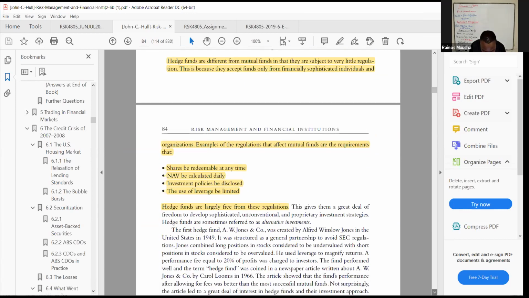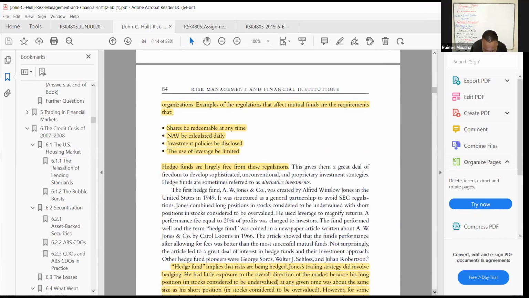So examples of regulations that affect mutual funds are the requirements that the shares be redeemed at any time, the net asset value be calculated daily, the investment policies be disclosed, and also the use of leverage be limited as well. They also say hedge funds are largely free from these types of regulations. So your answer there, you get it on page 84 of the textbook.